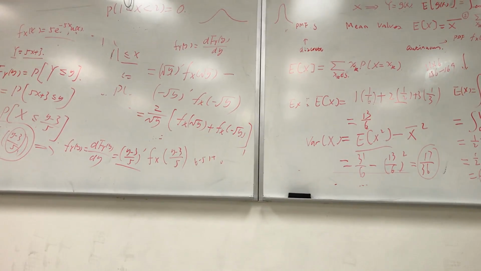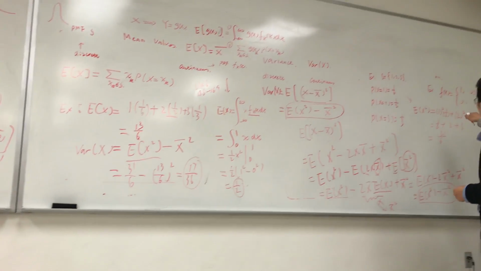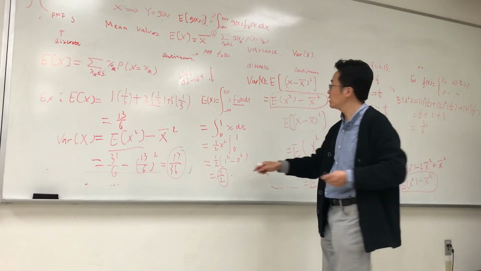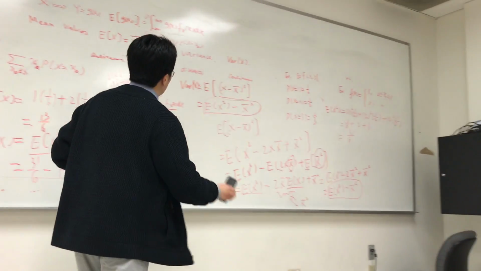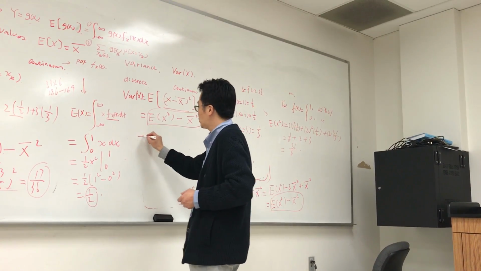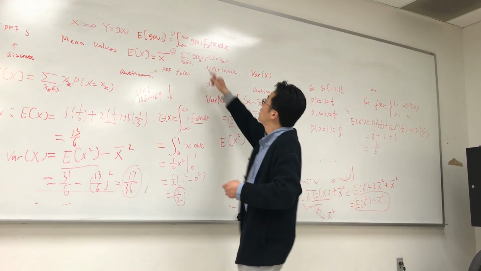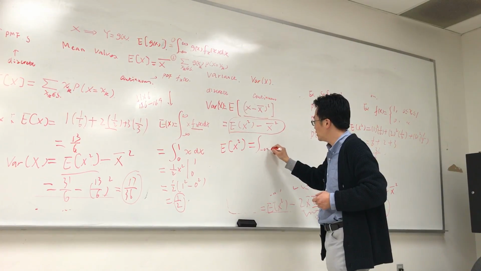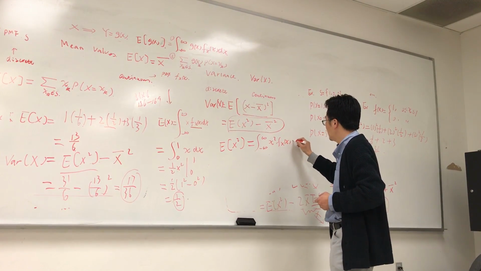Okay, this is for the discrete case. How about the continuous one? For this one, we already have the mean value given here, and then we need to determine E of X squared. So in this case, we have to use this approach: integration from minus infinity to infinity of x squared times f of x dx.